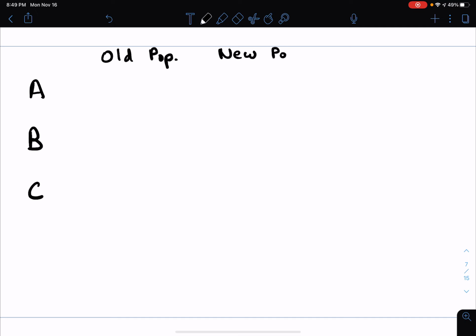All right, so this time we're just going to do 3 states. We've got state A, state B, state C. Old population column, new population column. State A had 9,555, then grew to 9,651.